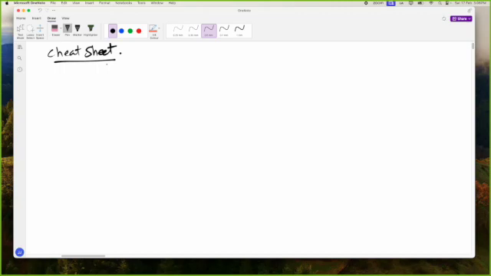That one page should have everything that you wish you could carry into the exam. If you could take one page to cheat with, what would that page have on it?